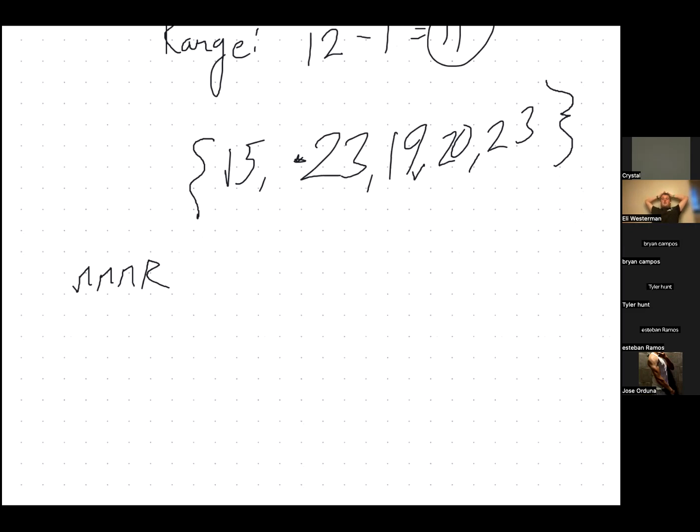All right, let's give me the mean, median, mode, and range. If you put your answers in the chat, tell me what number each is.